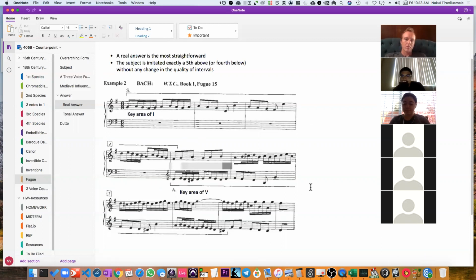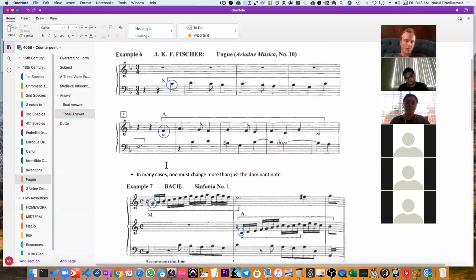And here's an important aspect: you alternate key areas. The announcement of the subject is in the key area of the 1. The restatement of the subject in the second voice is in the key area of the 5. At some point, we'll get to that. In a real answer, it's in the key area of the 5 immediately.